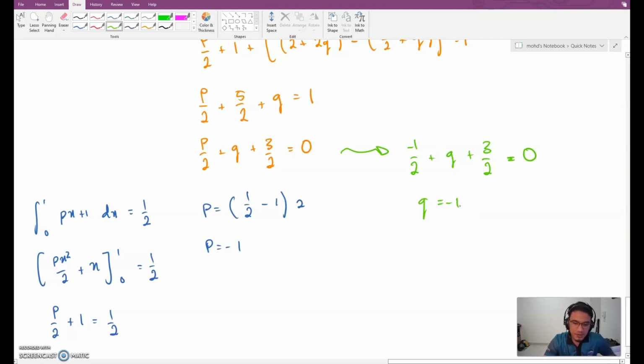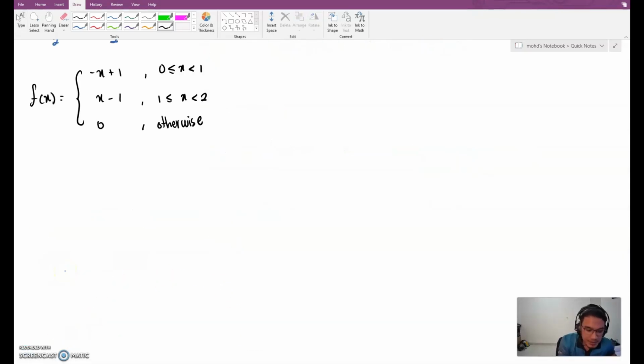So the value of p is negative 1 and the value of q is also negative 1. Now we can see the actual function. We substitute back the values of p and q into the function. And now the next task is to find the probability 1 less than x less than 2.